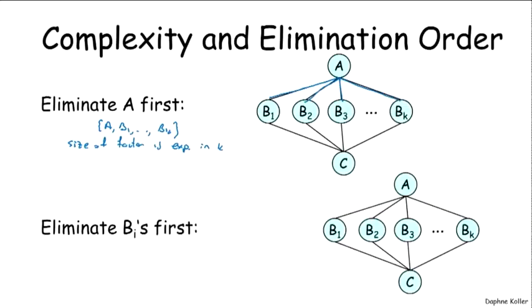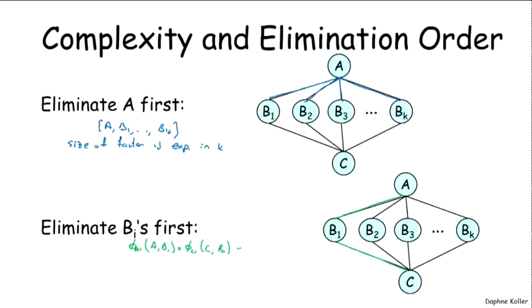So let's imagine that instead we're going to eliminate the BIs first. So let's think, for example, that we're going to start by eliminating B1. Well, B1 is in a factor with A and in a factor with C. So we're going to end up with a product of, say, phi A1 of A comma B1 times phi C1 of C comma B1.